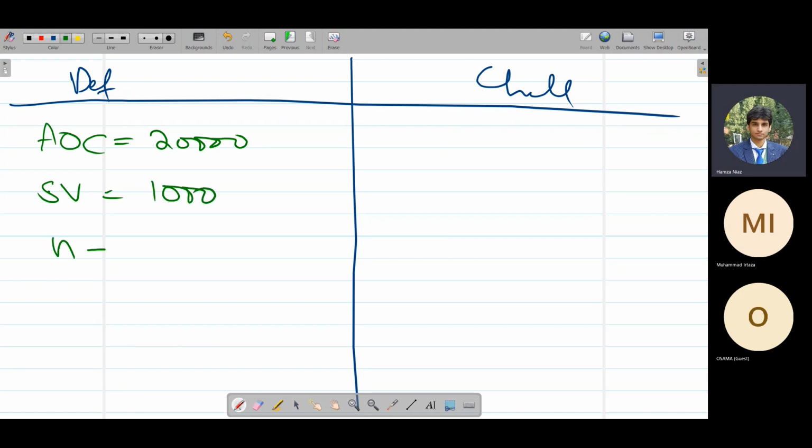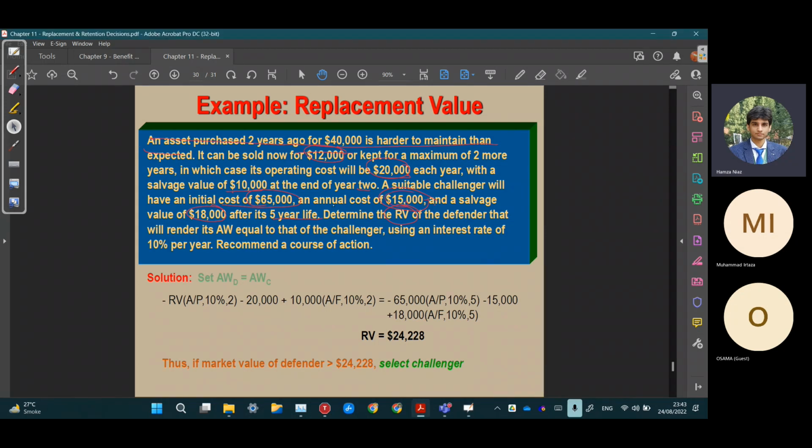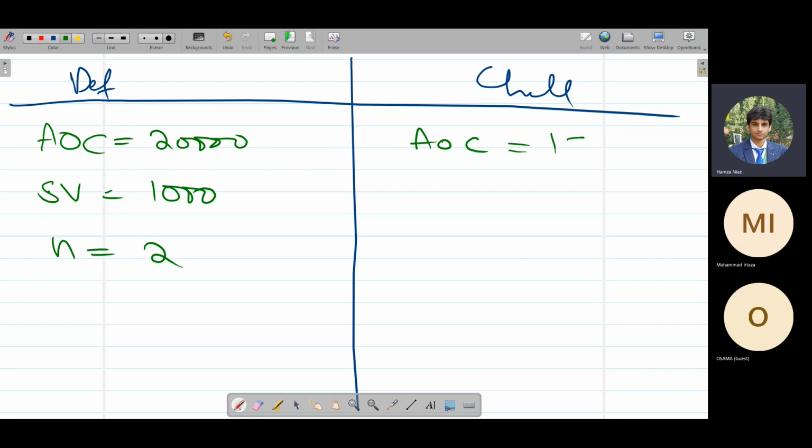The number of years N is equal to 2, so we can retain the defender for 2 years only. Similarly for the challenger, the pseudo challenger will have an initial cost, the AOC is 15,000, the salvage value is 18,000, and the life is 5 years.